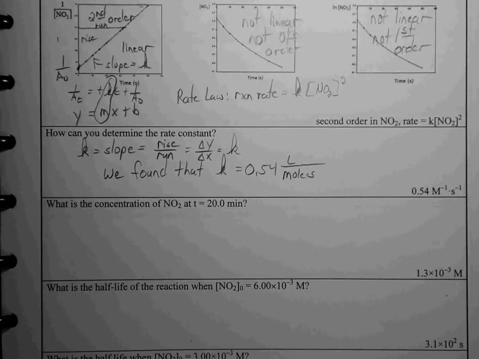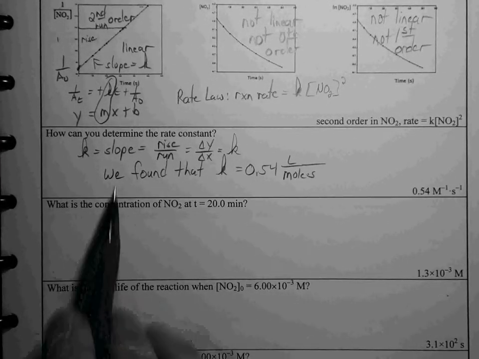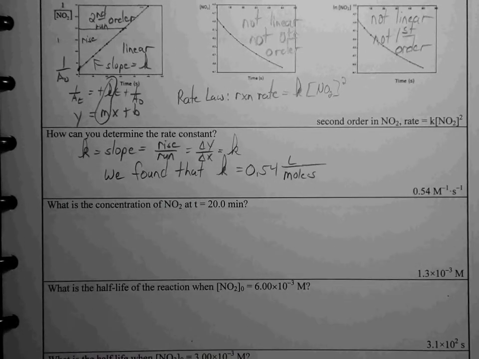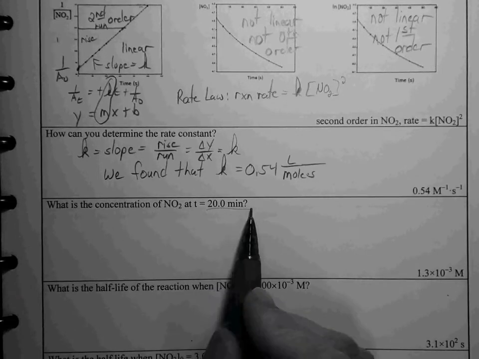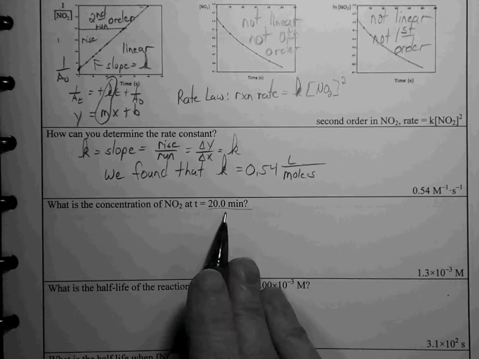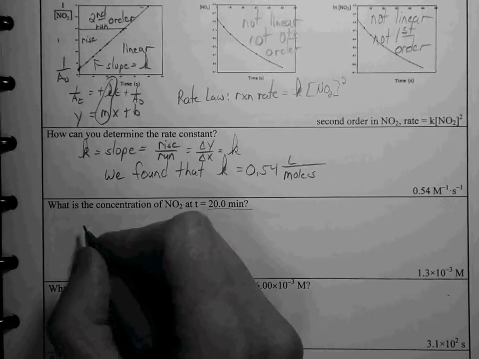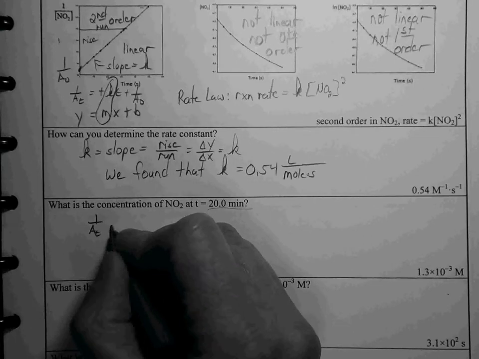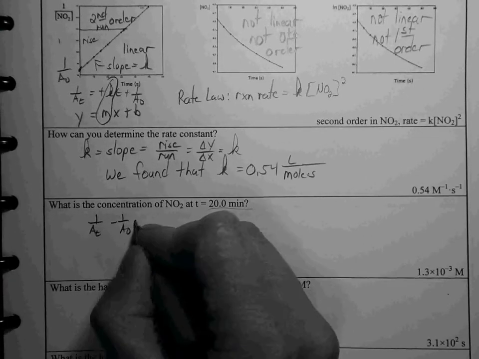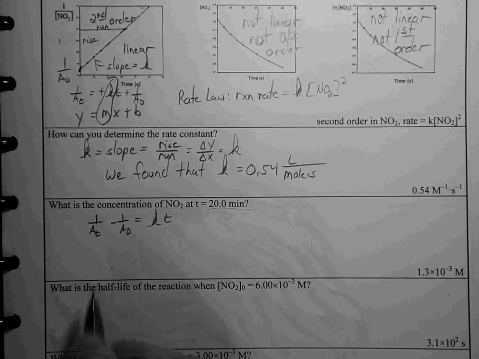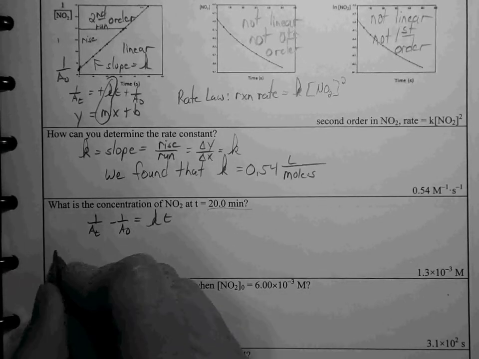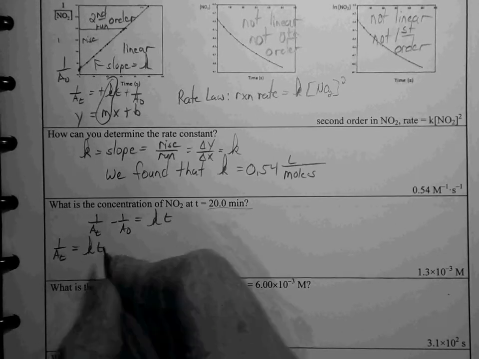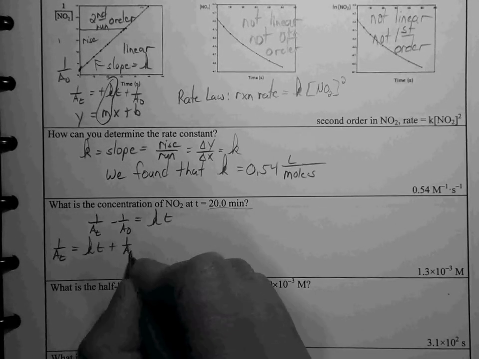So now we have our integrated rate law. We know it's second order, and we know the value of k. So we can calculate our concentration at any given time. Here, let's calculate the concentration at 20 minutes. Our second order integrated rate law is 1 over [A]t minus 1 over [A]0 equals positive kt. We're going to solve for [A]t. So initially we'll solve for 1 over [A]t, which is equal to kt plus 1 over [A]0.